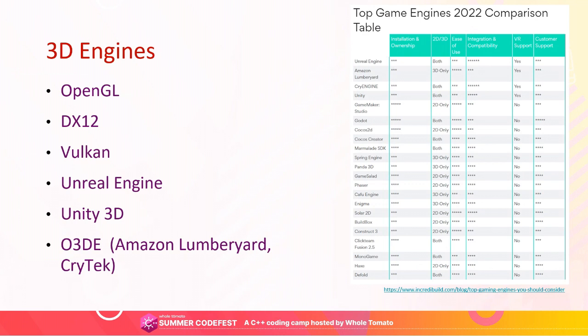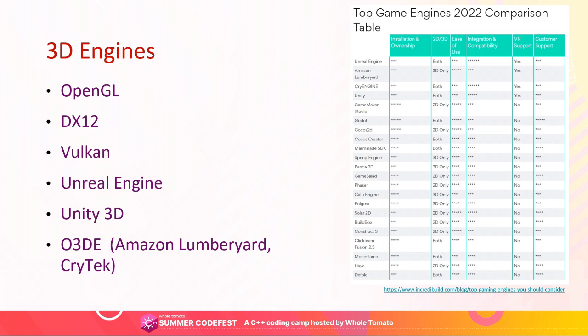If you are developing a very professional game or another very beautiful rendering application, you need 3D engines. OpenGL and DirectX 12 are among these. Maybe they are libraries, but I think they are engines too, so I added them here, even though they are not considered engines. And there are the Vulkan engine, Unreal Engine, and Unity 3D, which are very powerful.